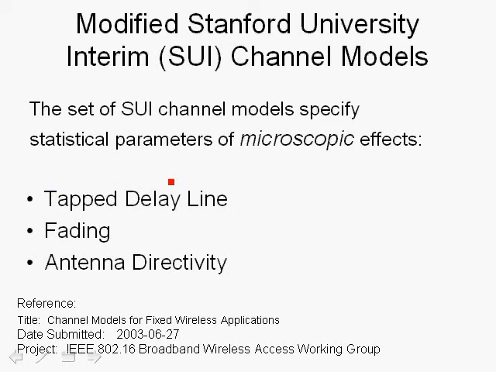Multipath is modeled using a tap delay line, and we'll discuss that in a minute. As a reference, please see this submission to the 802.16 working group, which was done in 2003.